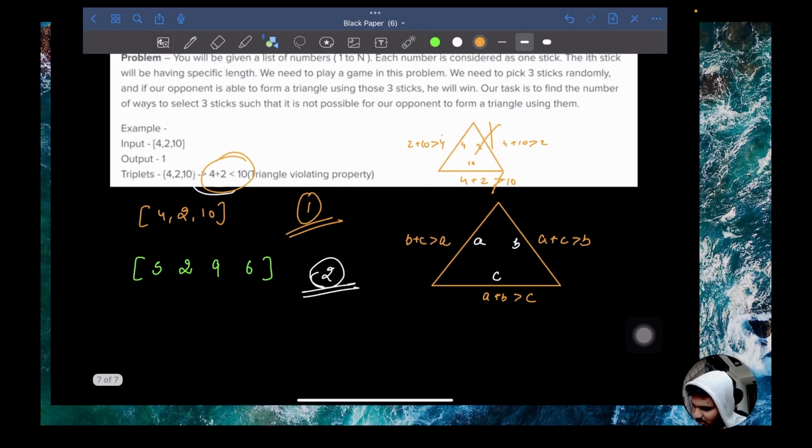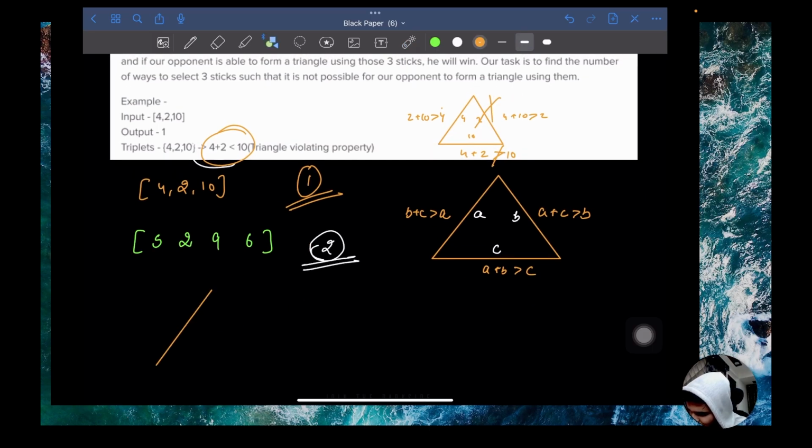Now, one possibility with which you won't be able to form a triangle can be 2, 6, 9. Why 2, 6, 9? Because here 2 plus 6 is not greater than 9.